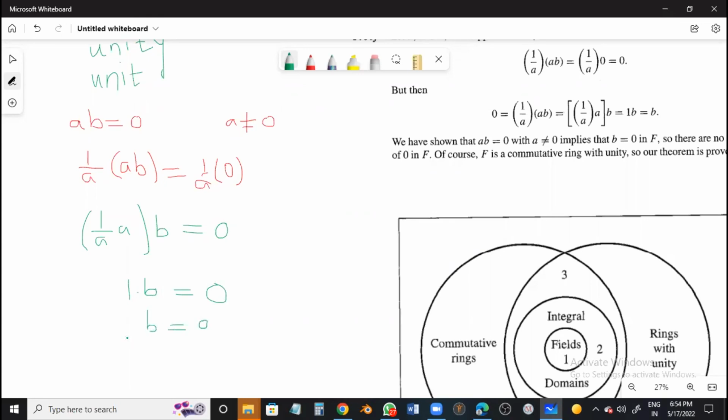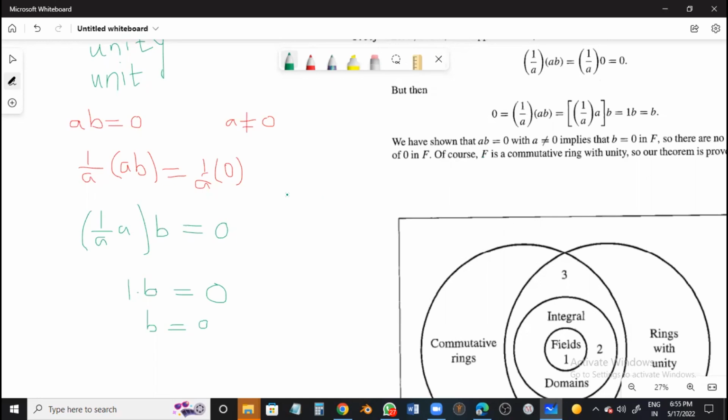So if B is 0 and A is non-zero, what this means? By a non-zero number, if I multiply to 0, then only I am getting 0. Means A is not a zero divisor. And if there are no zero divisors and it's a commutative ring with unity, we call it an integral domain.